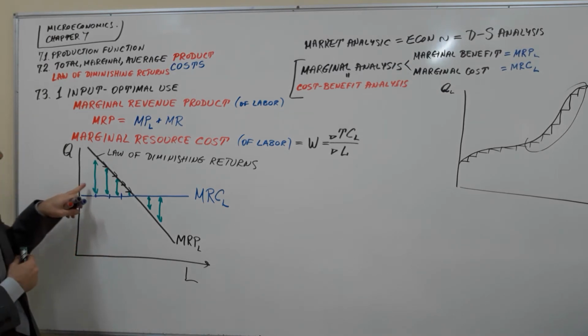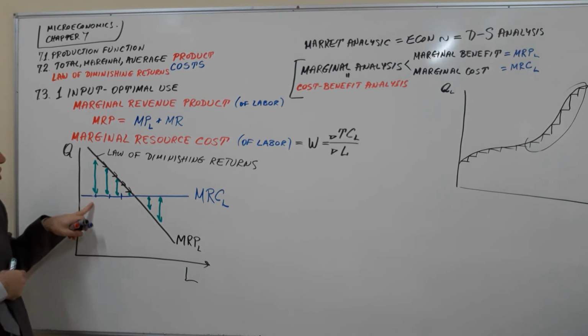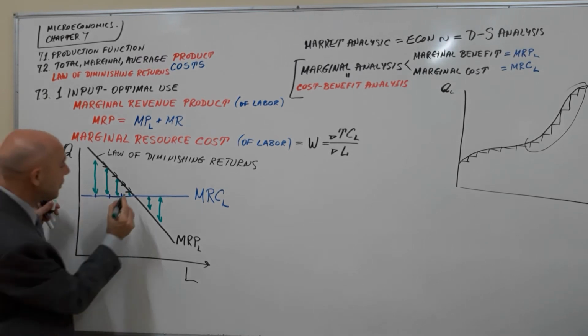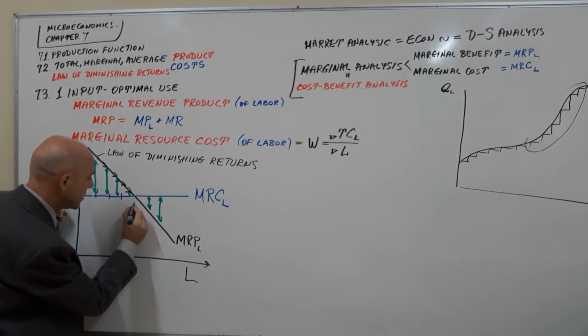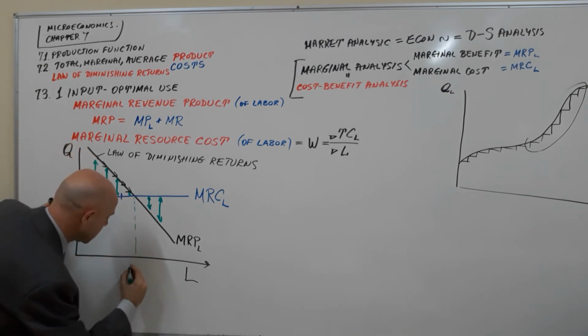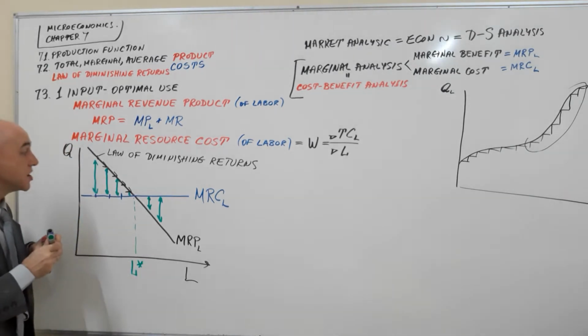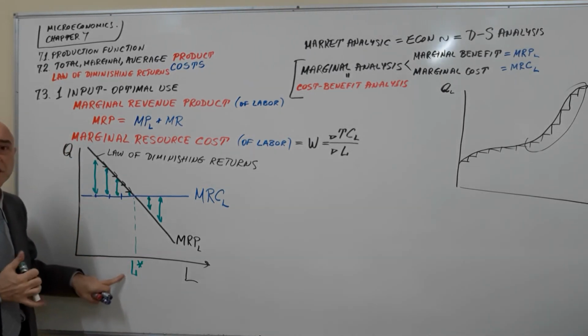Okay? So, you'll be hiring, just as I showed on the picture here, 1, 2, 3, 4. And 4 is optimal. So you will be hiring up to this, which is L star, the optimal quantity of labor.